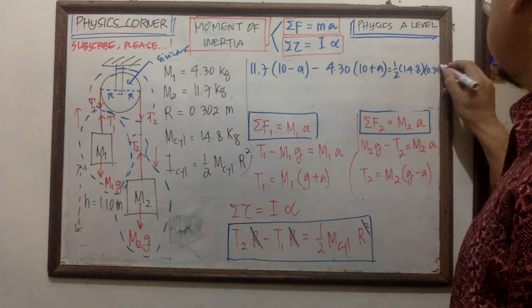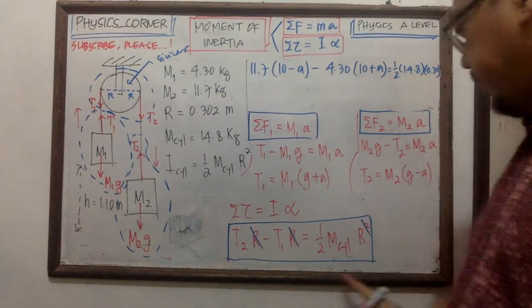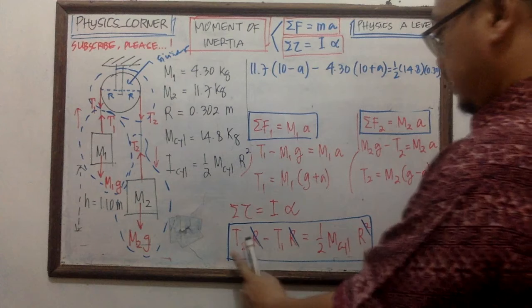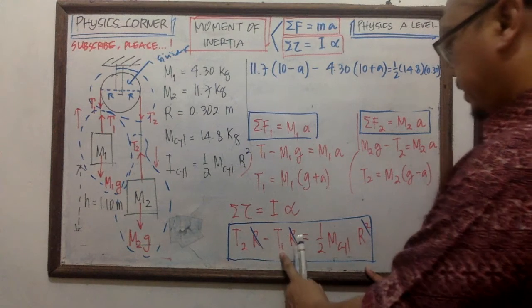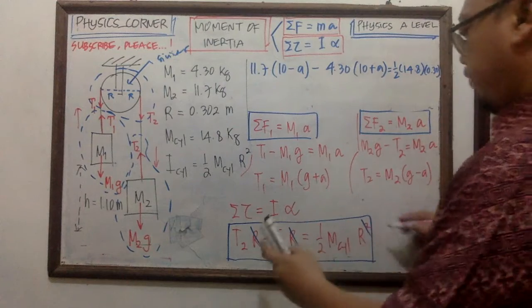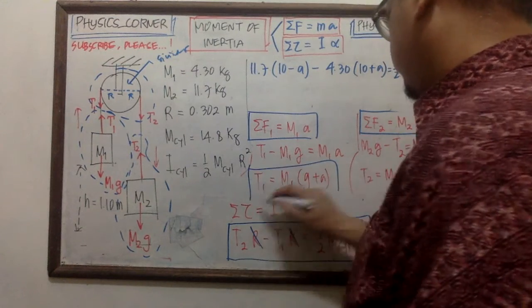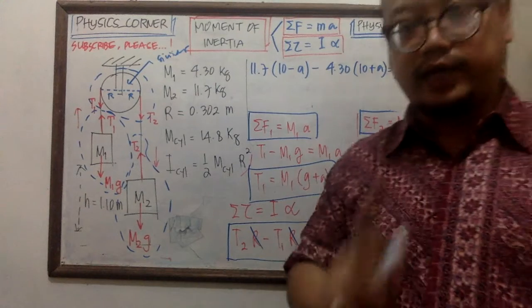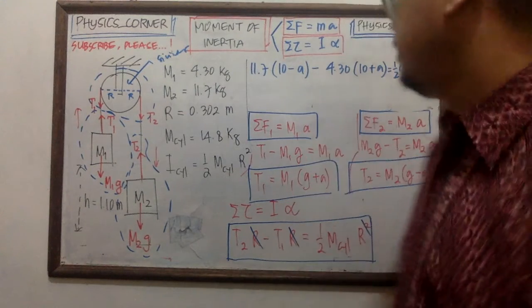Okay, this is the equation between T2 and T1 and the cylinder mass also. We combine these equations into one equation to find the acceleration a first.